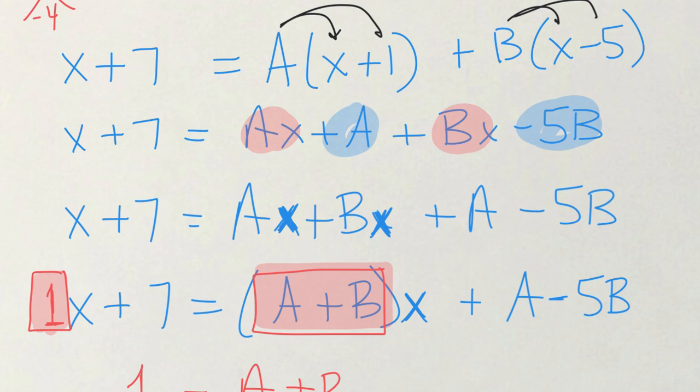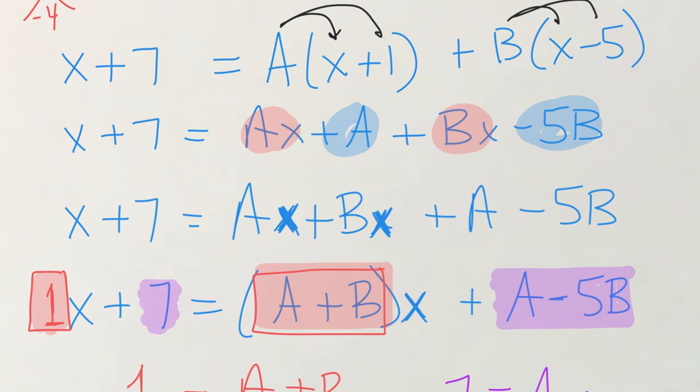Right? Truly, if the left equation equals the right equation, then all of these things have to match up. And secondly, our numerical, or your constant on the left side, needs to be equal to the constant on the right side. So this is how we create our very own system of equations that we're going to solve.